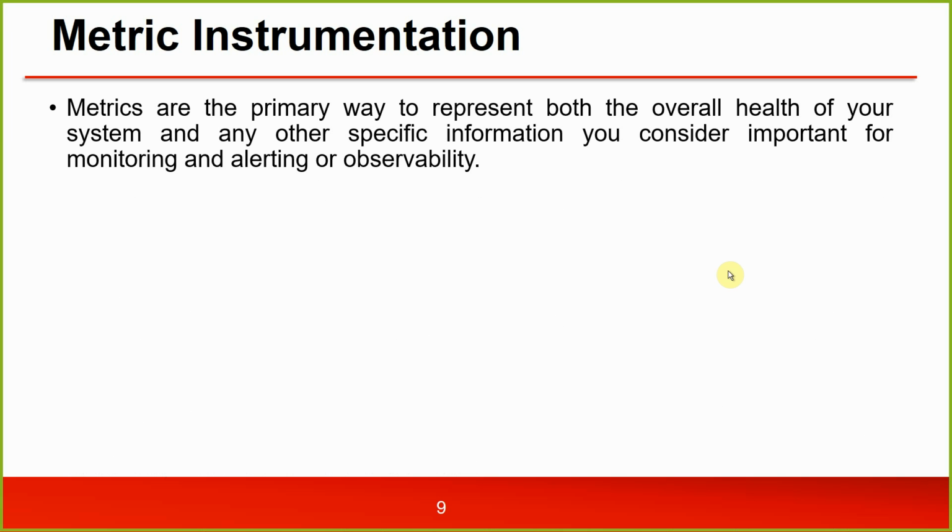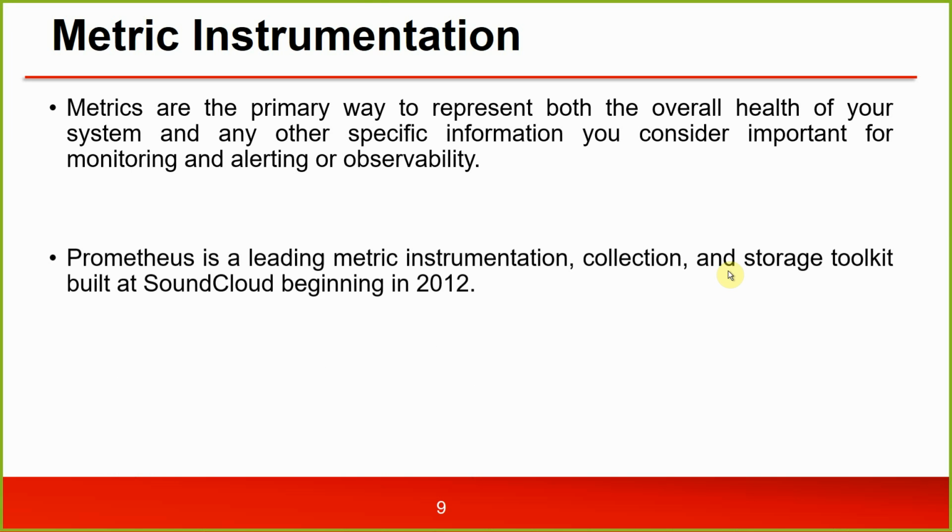Metric instrumentation means collecting metrics. Metrics are the primary way to represent both the overall health of your system and any other specific information you consider important for monitoring and alerting or observability.